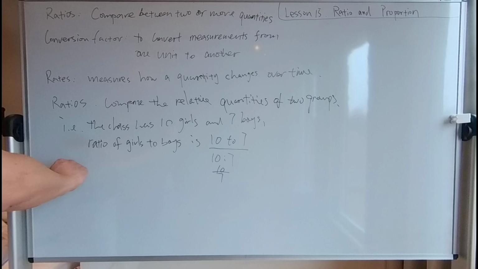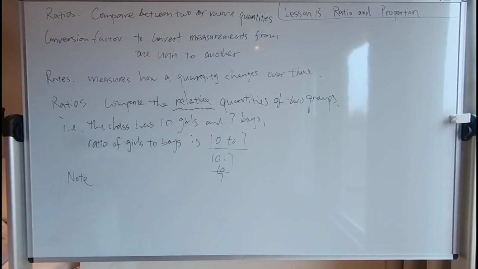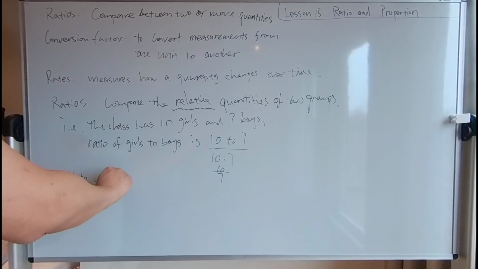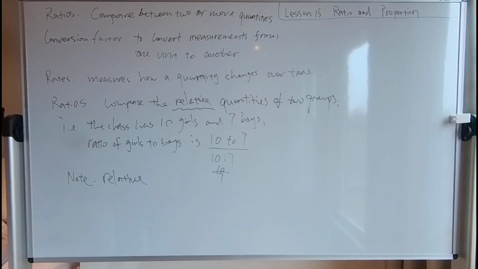And the reason I say this is to compare the relative quantity is that if we go backward, if we know the ratio, you only know the relative relationship. You won't know the actual quantity. It's a relative quantity, not the actual quantity.